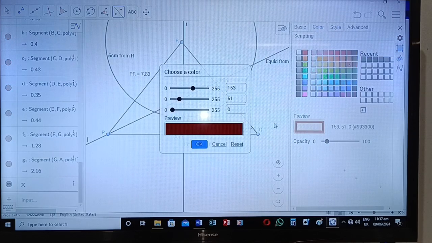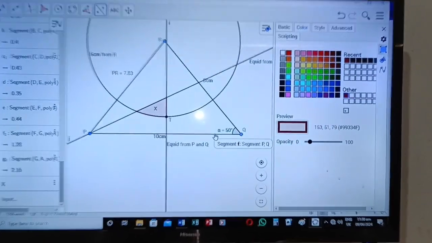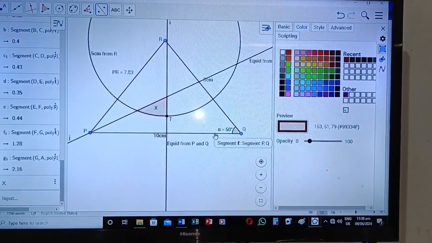Let me just say we need to choose color, and I think I need to recall this one. Okay, thank you.